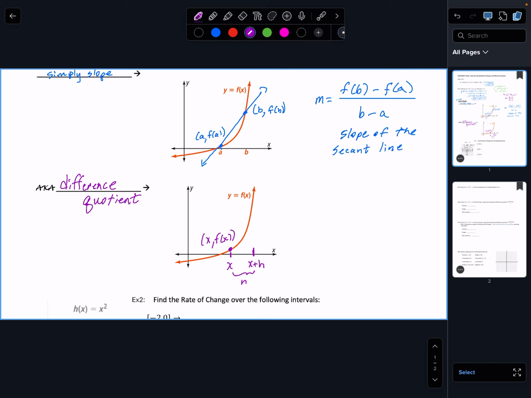So instead of a and b, we're using x and x plus h. So that second point is h units away from x. And so that means on the curve, the x-coordinate is x plus h. And you have to plug that binomial into the function to get the y-coordinate. That's why we did that example where we evaluated a function with a binomial.